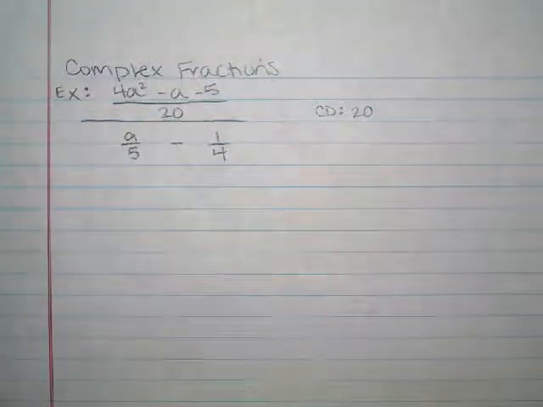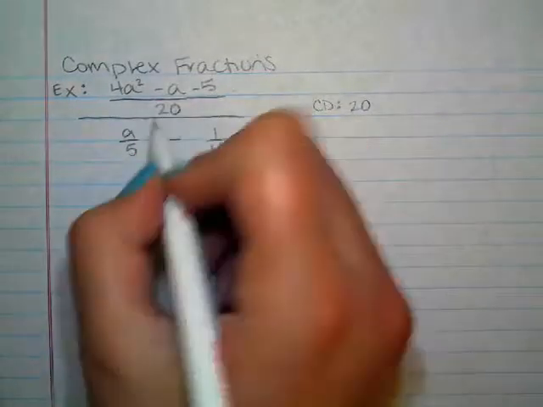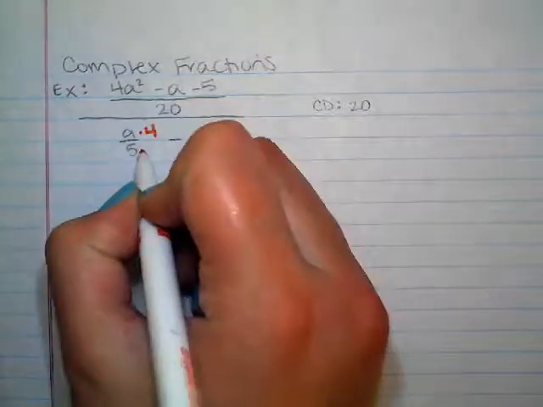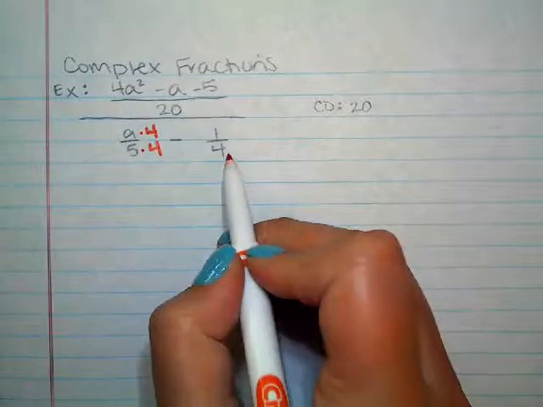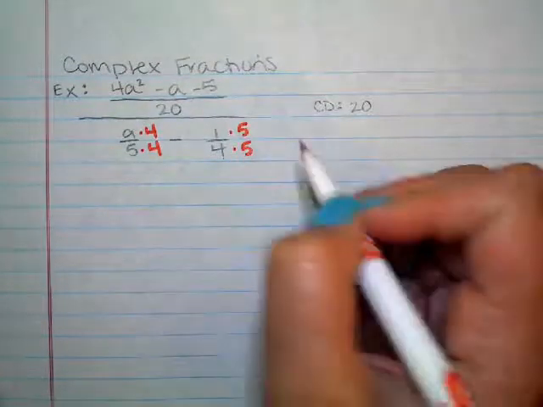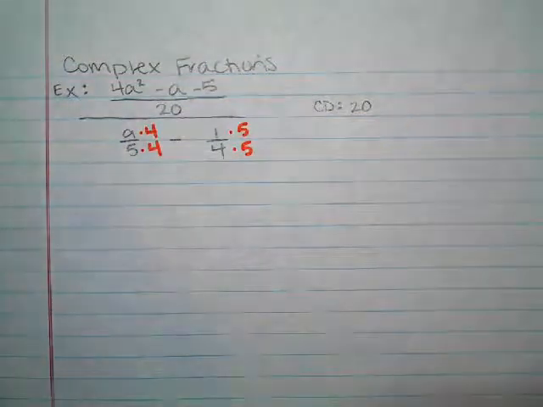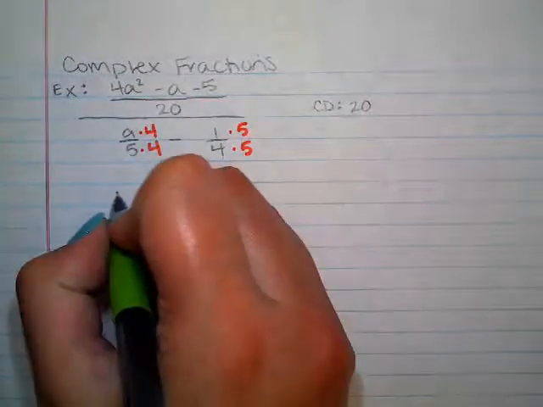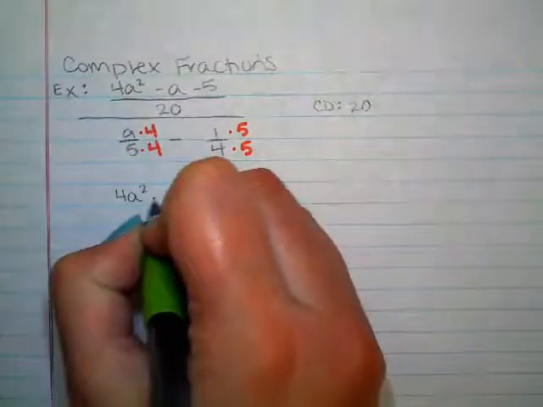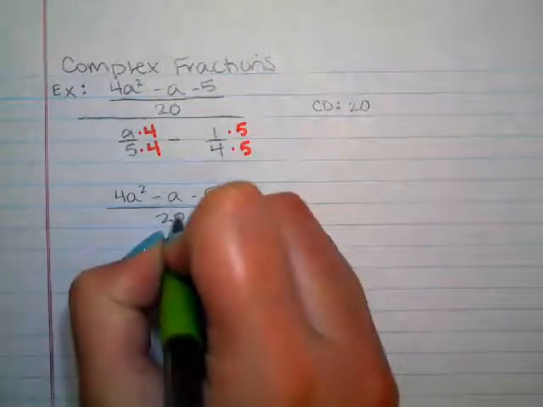On the top, we already have the common denominator of 20. On the bottom, for the denominator of 5, we need to multiply by 4. For the denominator of 4, we need to multiply by 5. At this point, the fraction in the numerator stays the same: 4a squared minus a minus 5 over 20.